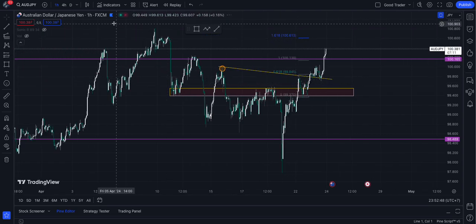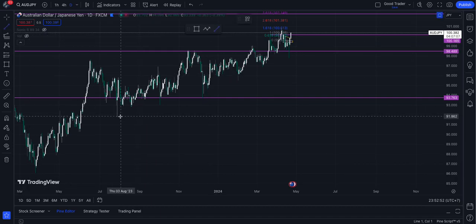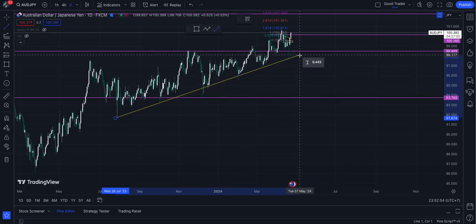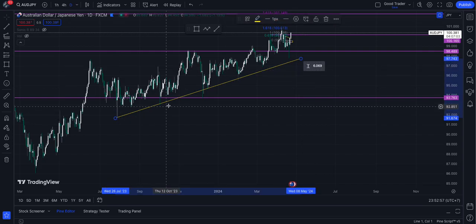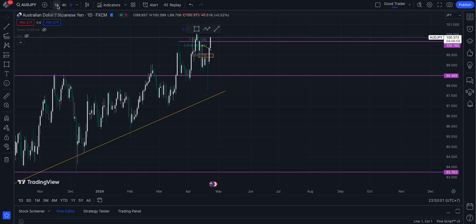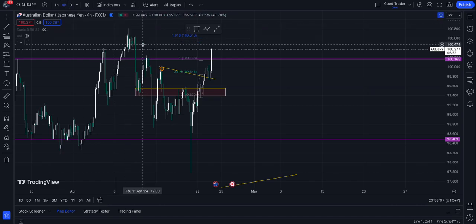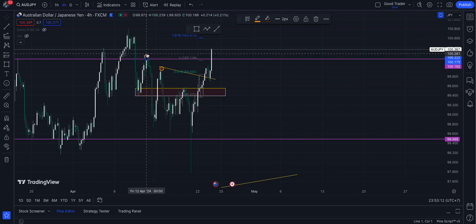As I said before, the direction on the daily time frame is bullish because the lows are getting higher, so we need to find an entry. So look at the lower time frame with the H4, we see that the highs are getting lower, so the structure is bearish.